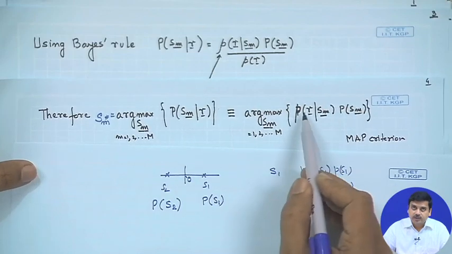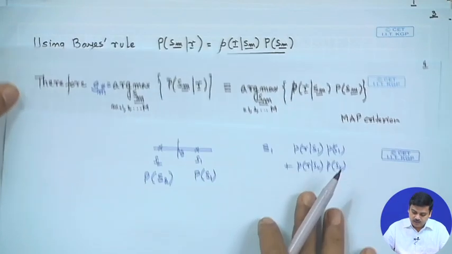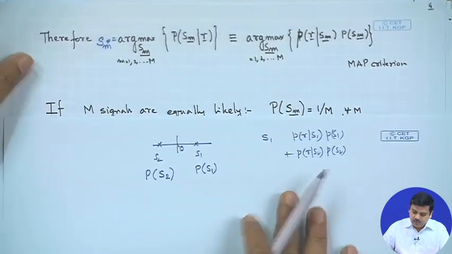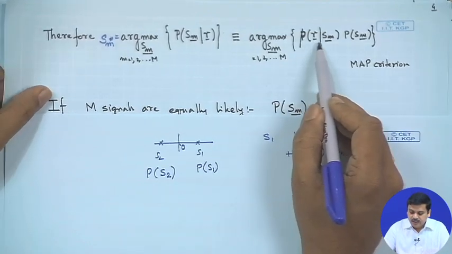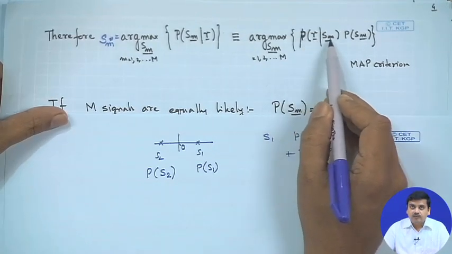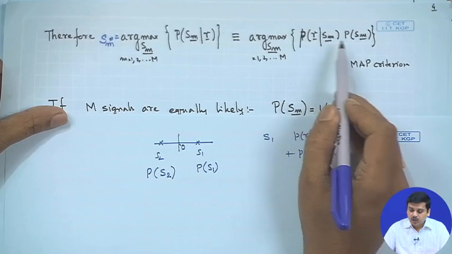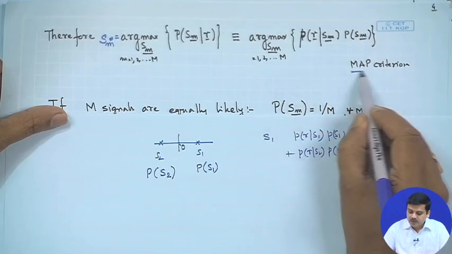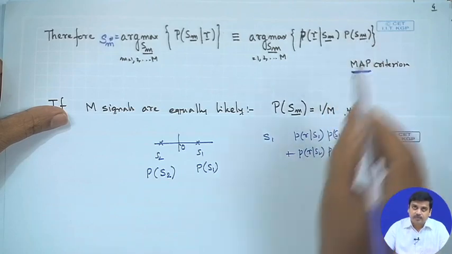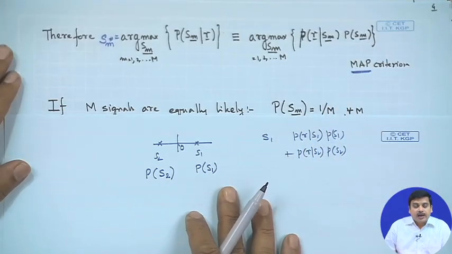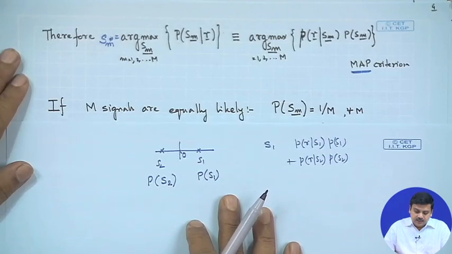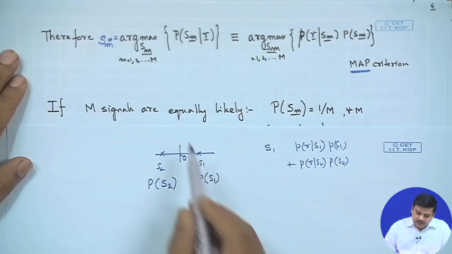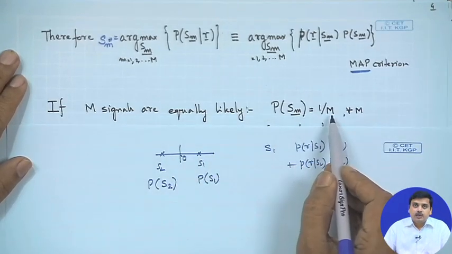So, we are now concentrating only on the numerator part and going by the MAP criteria. You have to maximize P of R given Sm, which is relatively easier to do, multiplied by P of Sm, because you have considered the prior probabilities of Sm. As we just said, it is highly possible that the P of Sm are equiprobable.